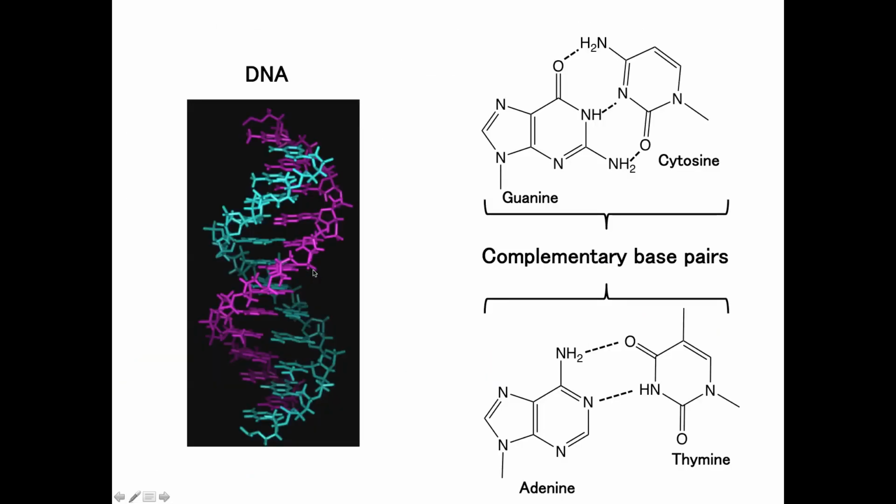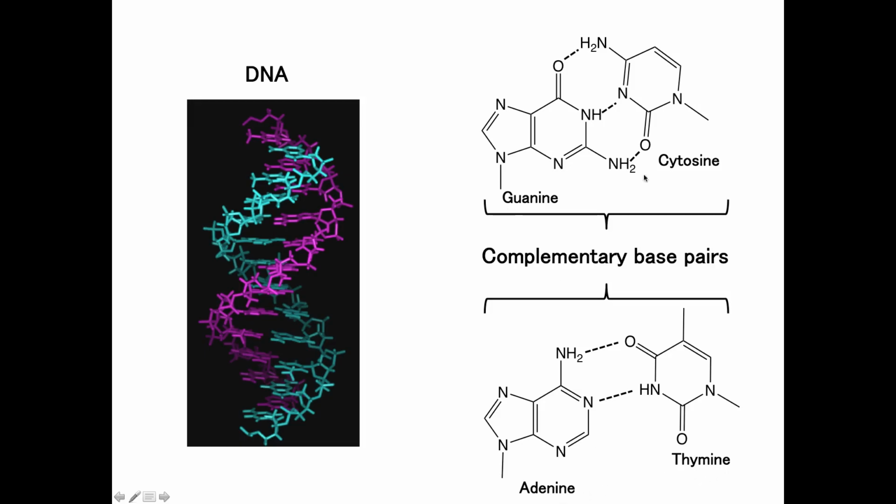I show the DNA structure, especially this DNA is B form DNA reported by Watson and Crick. You know that DNA has four kinds of bases. One is guanine, cytosine, adenine, and thymine.